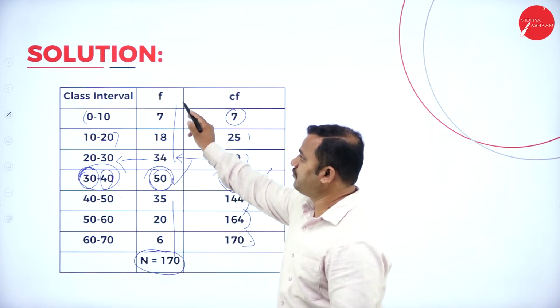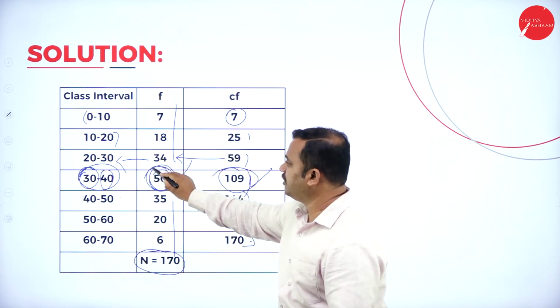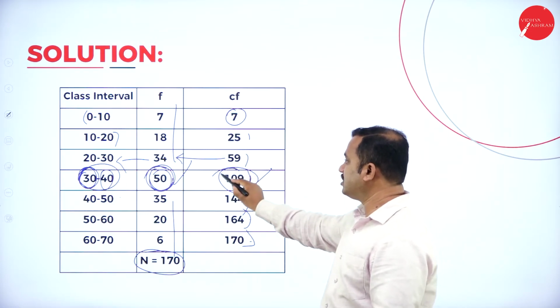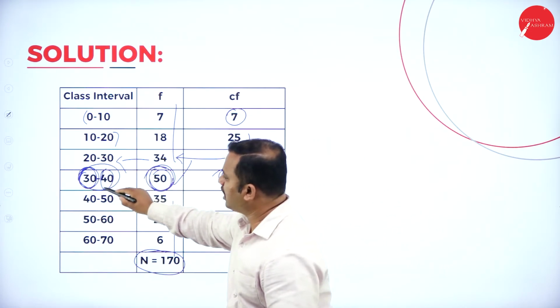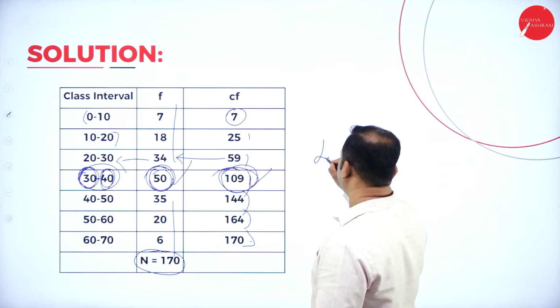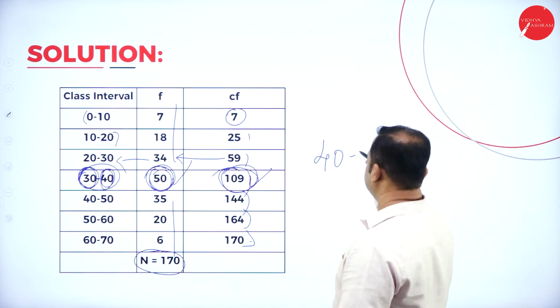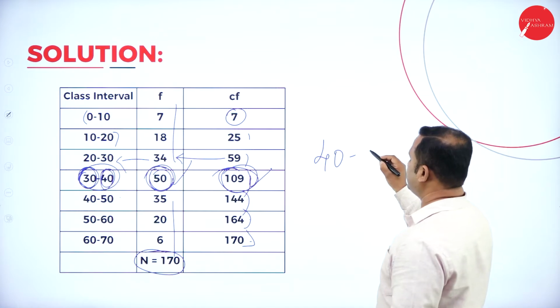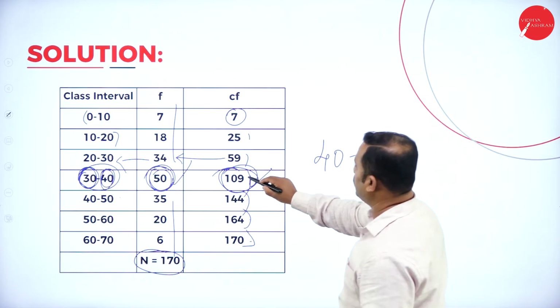If I consider the first formula, I have to consider the frequency with the lower limit. If I consider the second formula, I will consider the cumulative frequency with the upper limit. So we are left with 40 minus cumulative frequency. What is the cumulative frequency? That is 109.